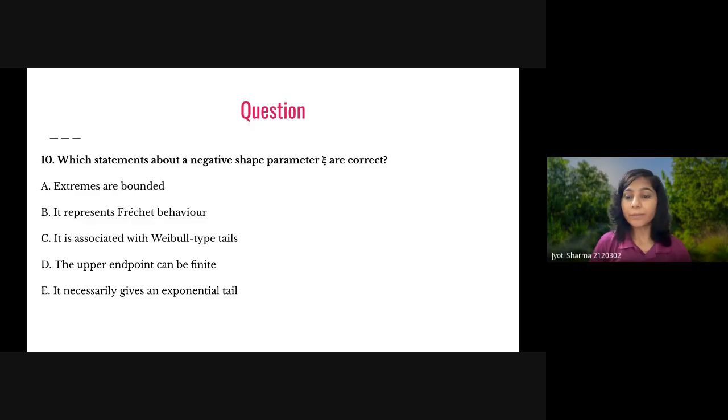If the xi parameter value is negative, then what information will you get? Extremes are bounded. It represents Fréchet behavior. It is associated with Weibull type tails. The upper end point can be finite. It necessarily gives an exponential tail. If your xi value is negative, then what?